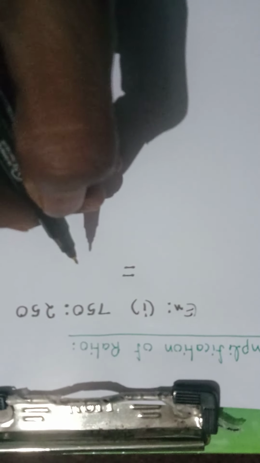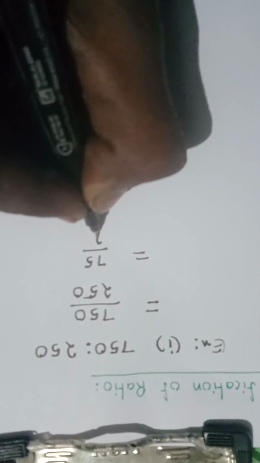Before that, we need to write A is to B in the form of A by B. So here we can write 750 is to 250 as 750 by 250. Both will get cancelled by the 10 table, so we can remove the zeros. Then finally we get 75 by 25.